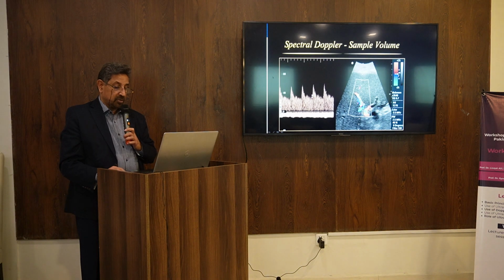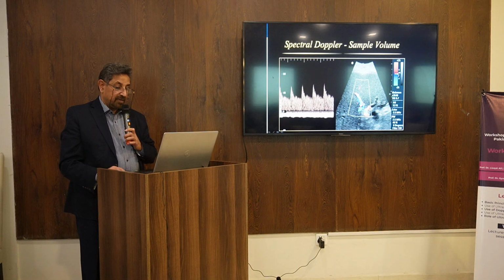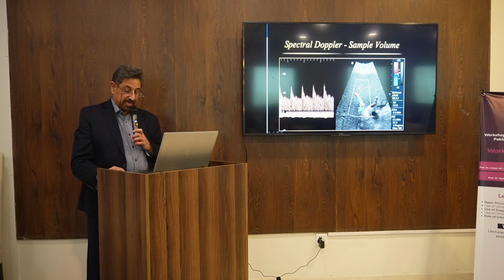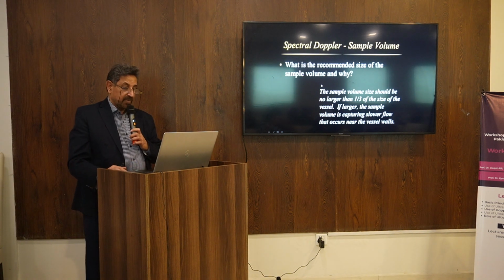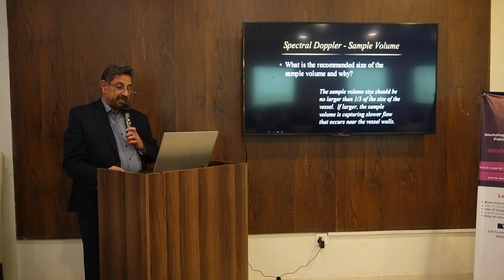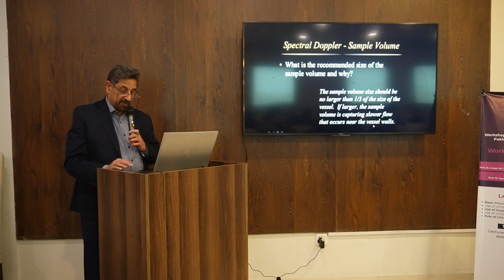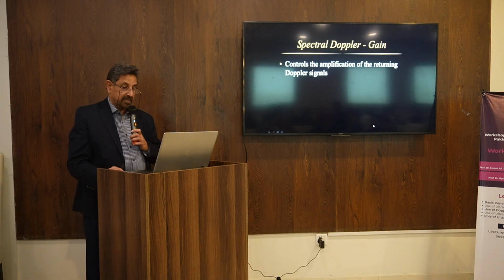Here we are seeing both arterial and venous, because that sample volume gate is wide open. So what is recommended? The sample volume size should be no larger than 1/3 of the size of the vessel. If larger, the sample volume is capturing slower flow that occurs near the vessel wall, which is not required.